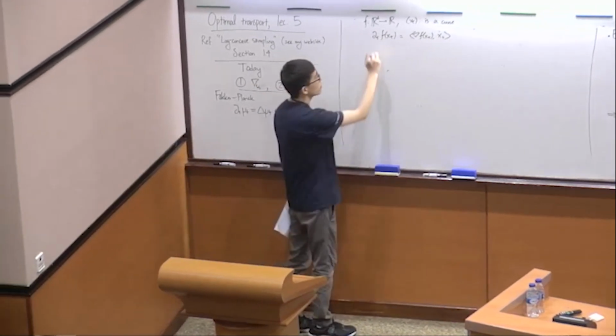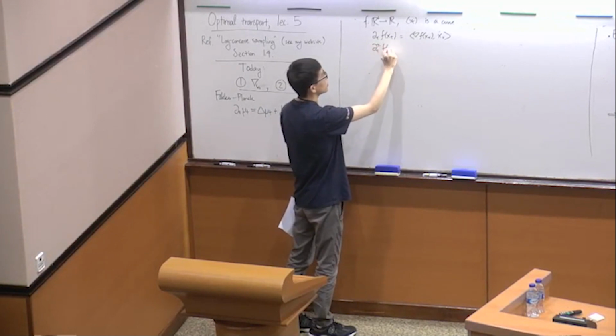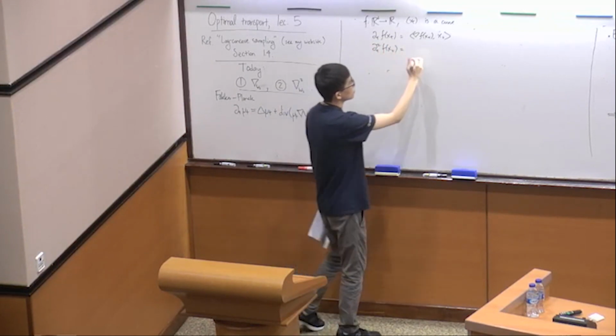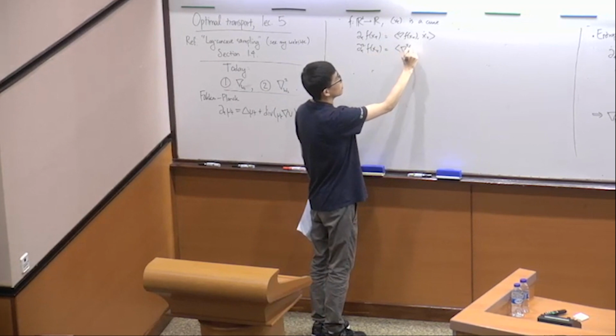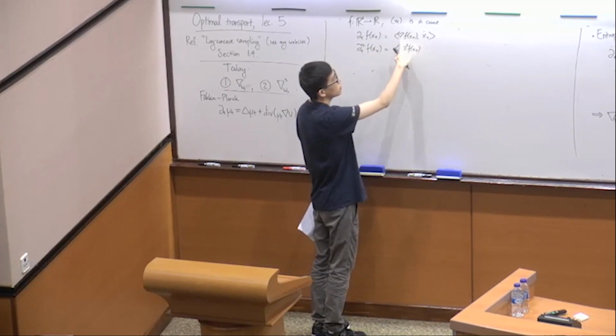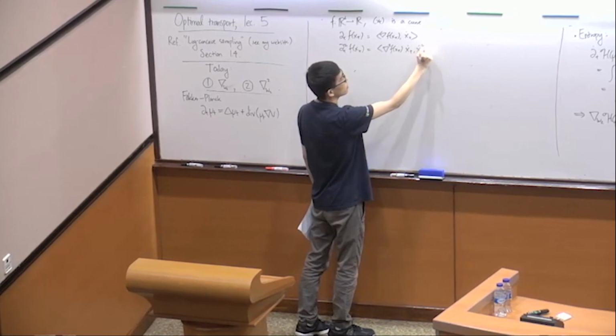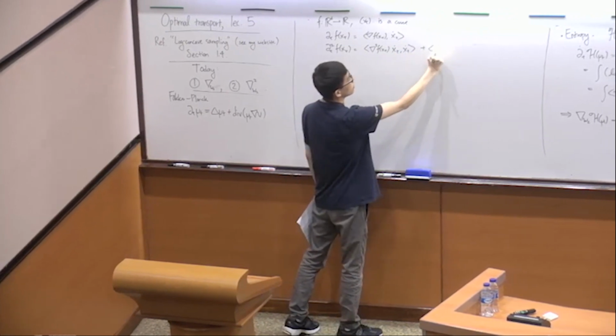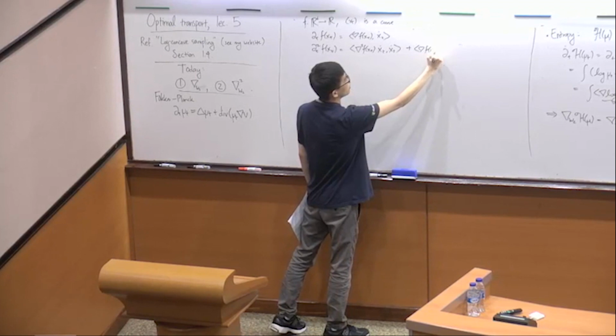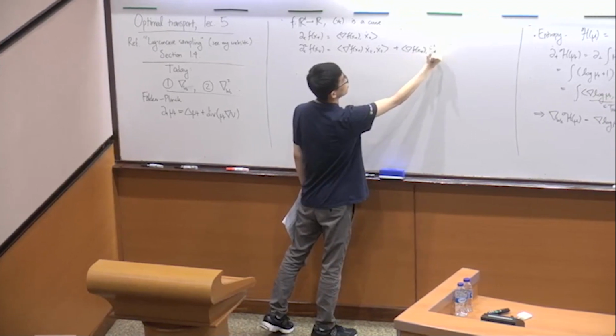So this is the first derivative. If I compute the second derivative, then I will get 2 terms. The first is the Hessian of f times x_t dot. And the second term is the gradient times the second derivative of x.